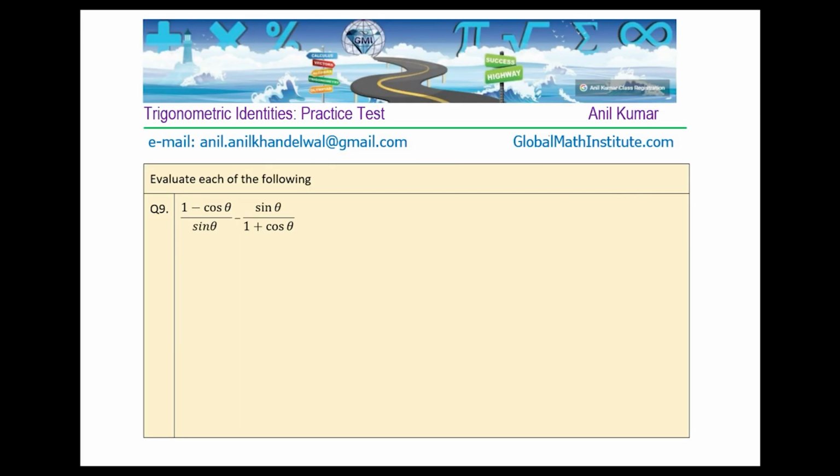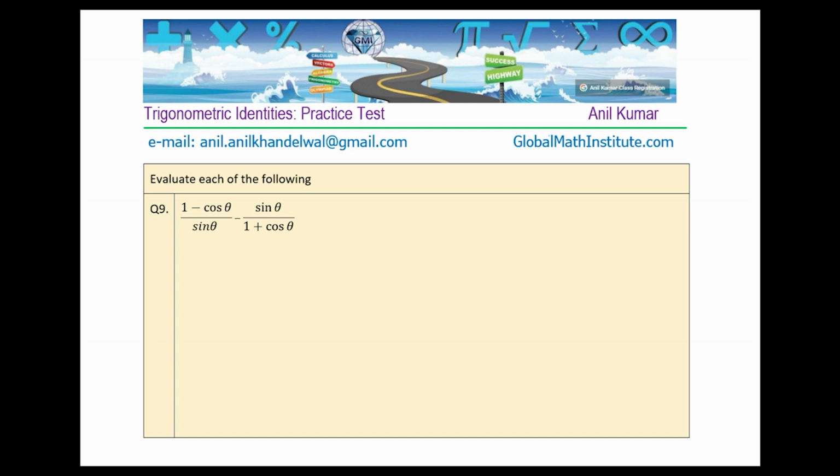Now here is question number 9. In this question, you need to evaluate each one, right? So we are not given what this is equal to. Let's figure it out. So we have 1 minus cos theta over sin theta minus sin theta over 1 plus cos theta. Now to do this, we can actually cross multiply taking the common denominator, and then we can solve it, correct?